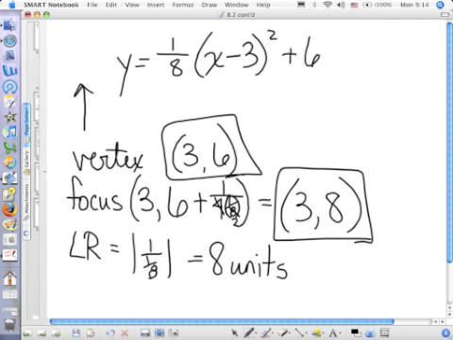We're going to start with our vertex. We're going to find the focus. Now, if our LR is 8 units long, then when we find the focus, we're going to go 4 units in each direction. So our vertex is at 3, 6.